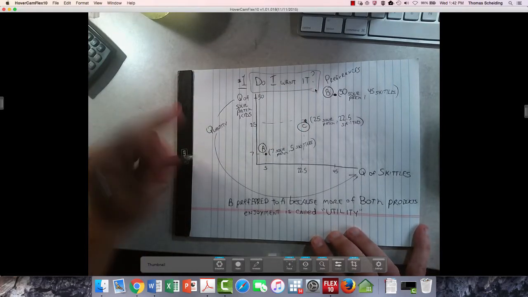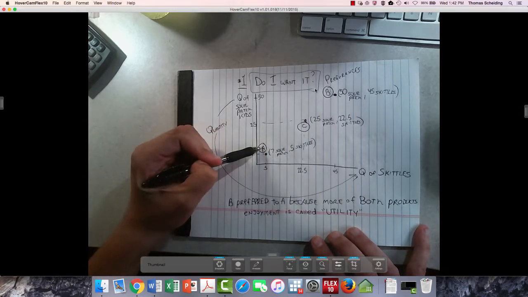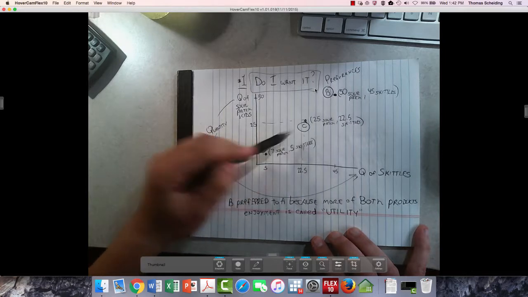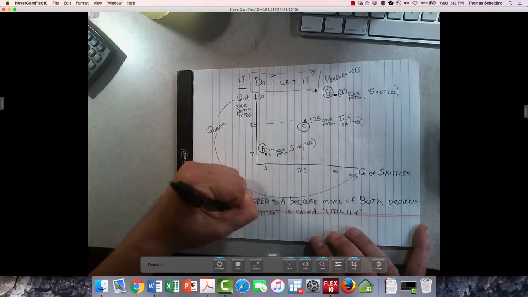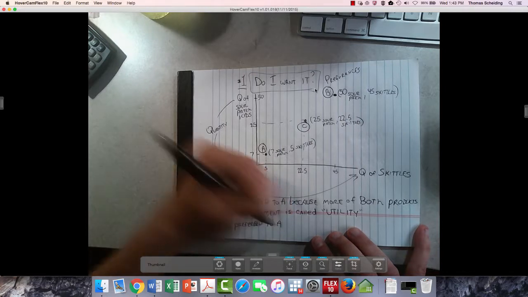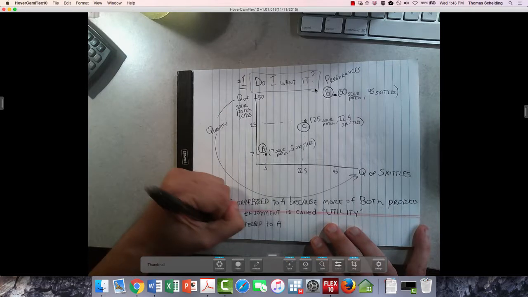Now, what do we know here? We know that C would be preferred to A because C has more of both goods compared to A, right? C would be preferred to A. Same reason, because there'd be more of both of the goods.